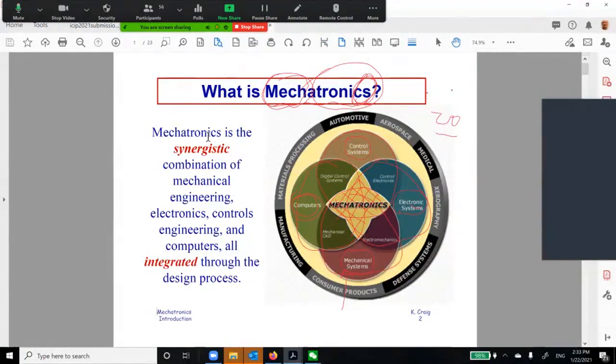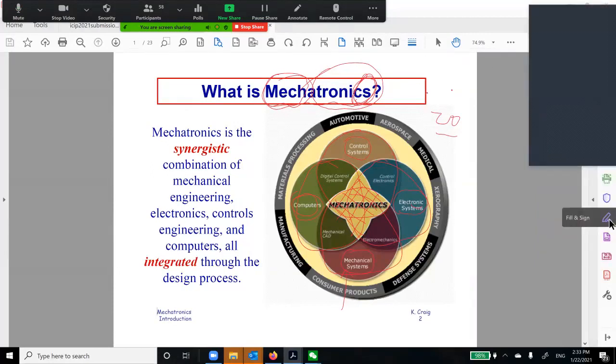Also, we discussed how this single word embeds four parts: mechanics, electronics, control systems, and computer systems.